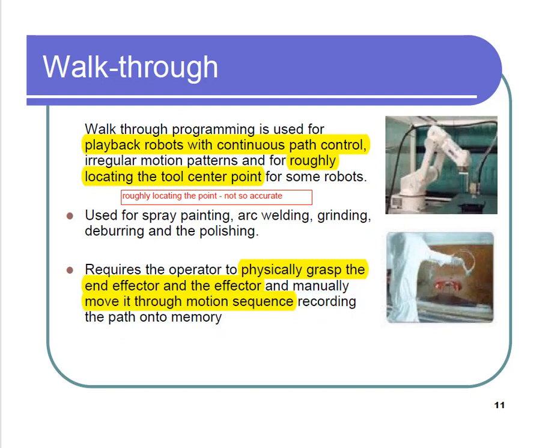So the operator will hold the end effector and move it around according to the points that he wants to program. Of course, the path must be recorded in the memory. So you are walking through, teaching the robot arm the movement using your own physical strength. Alright, so this is what we call walkthrough programming.